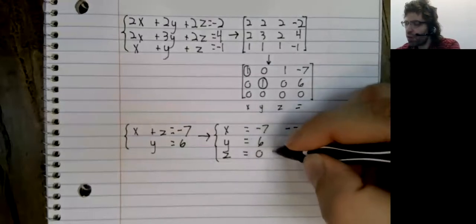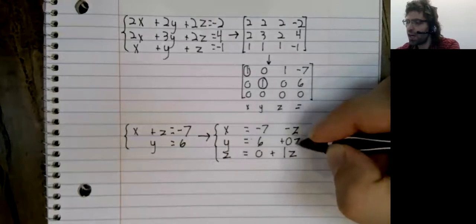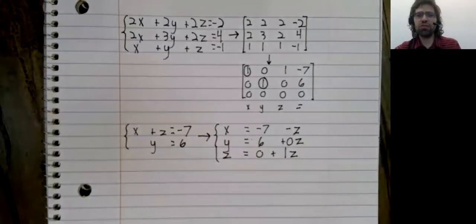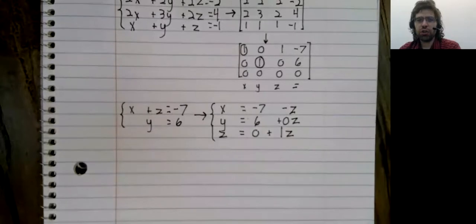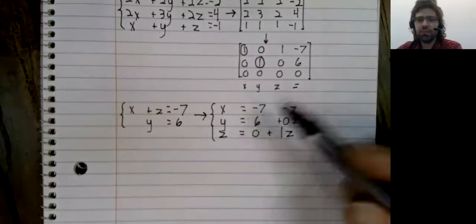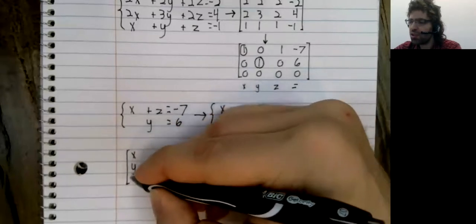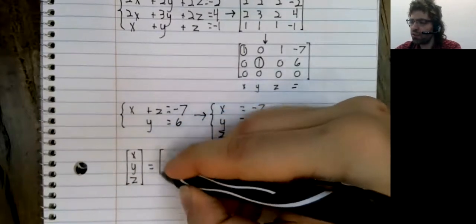Now we add in an equation for the free variable z. We pad the right-hand side with zeros. And now we can turn this into a statement about vectors.